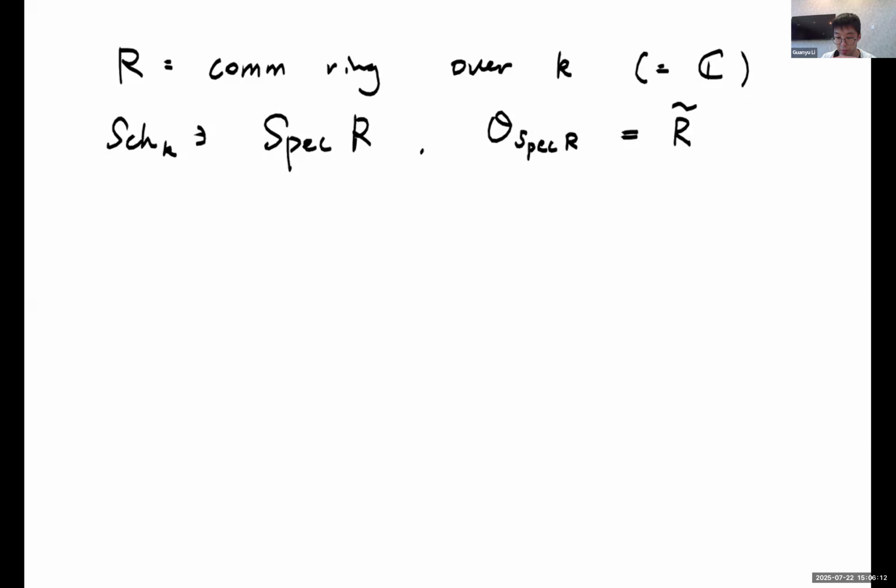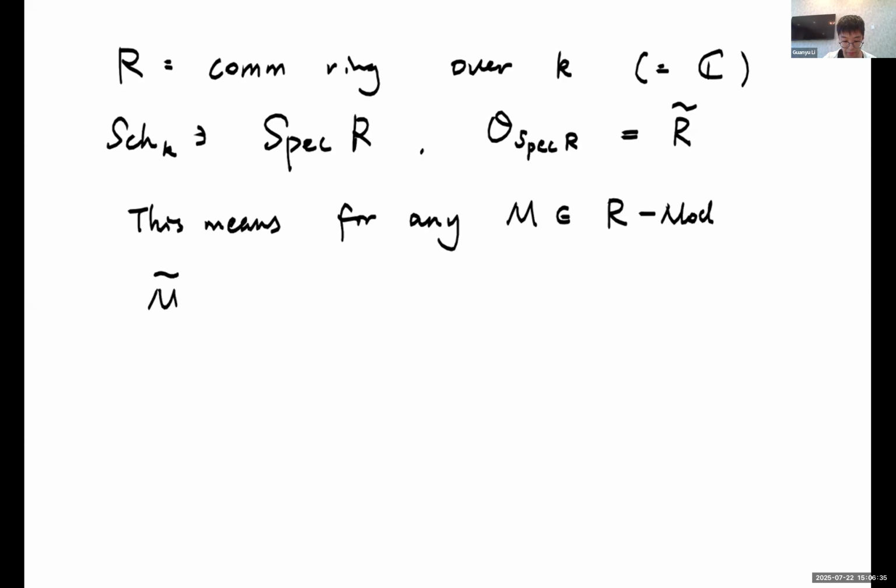So this means that for any R module, we have M twiddle, which is constructed as a spec R sheaf.